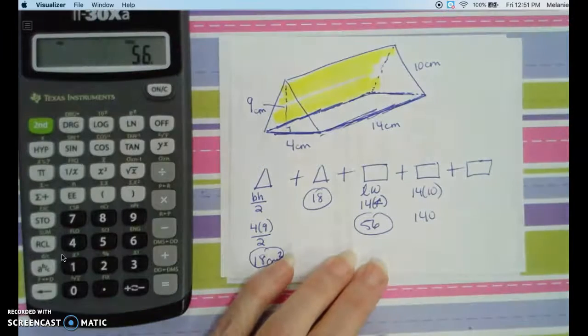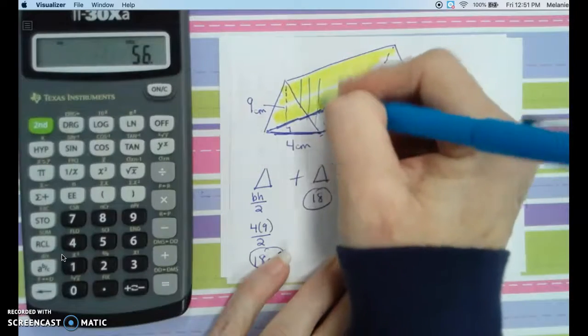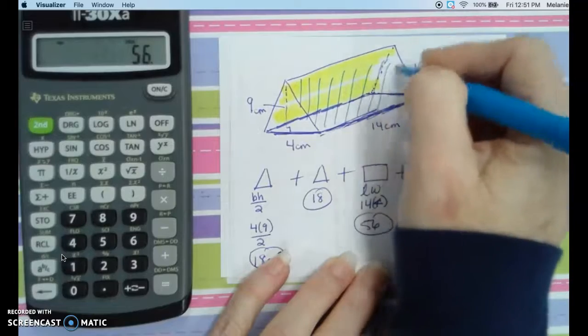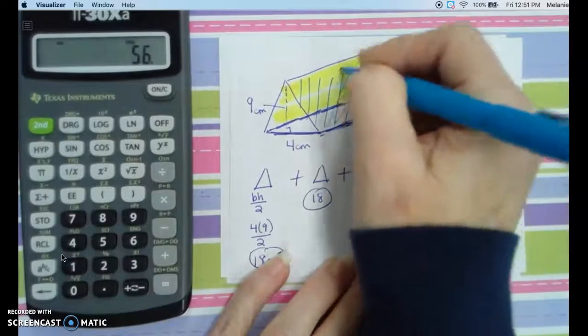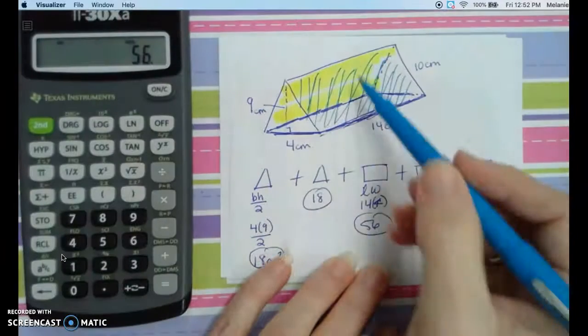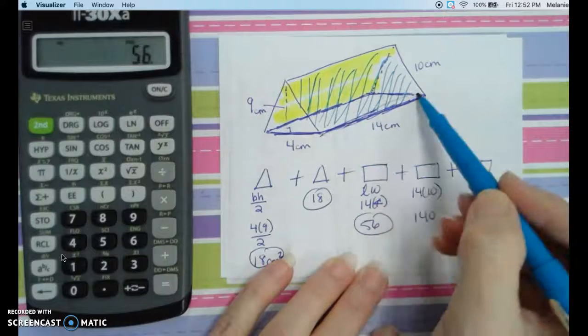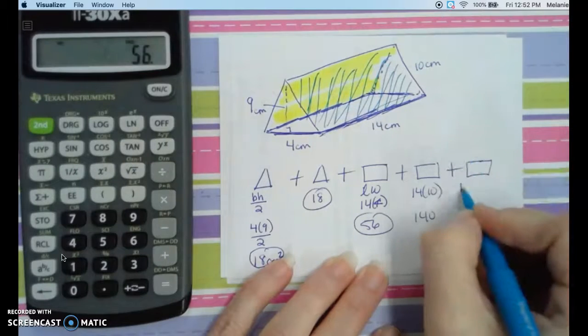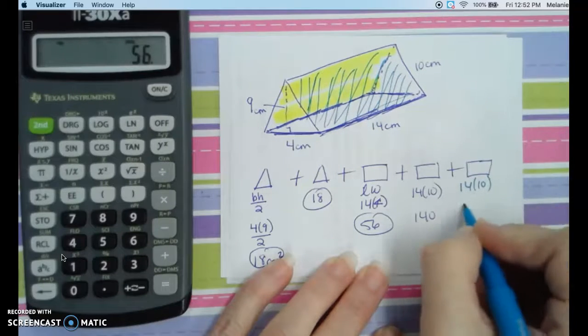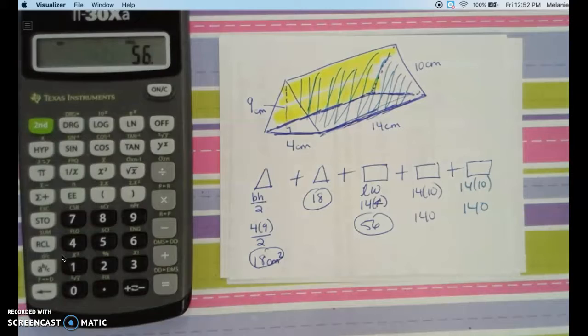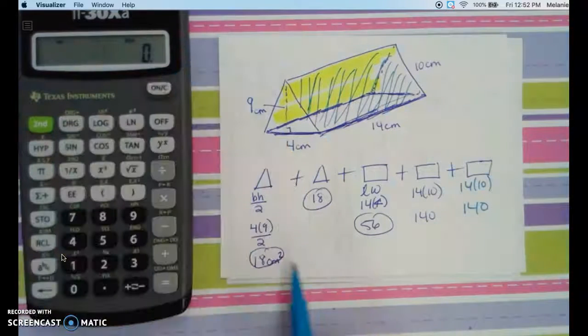And then the last one, I'm going to just draw some squigglies on, and we're going to hit 14 and 10 again, which is 140.